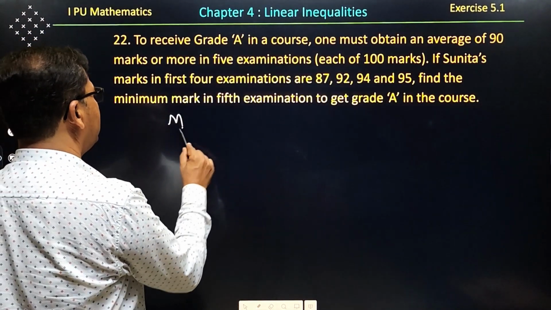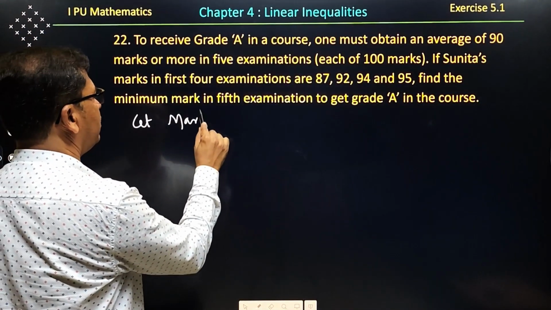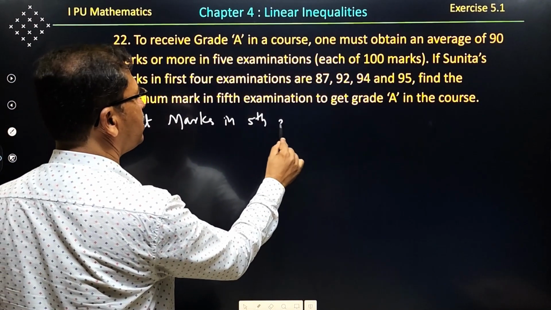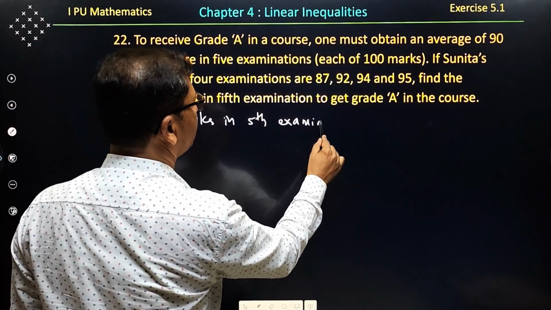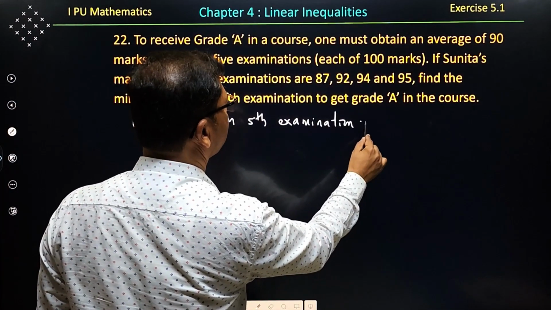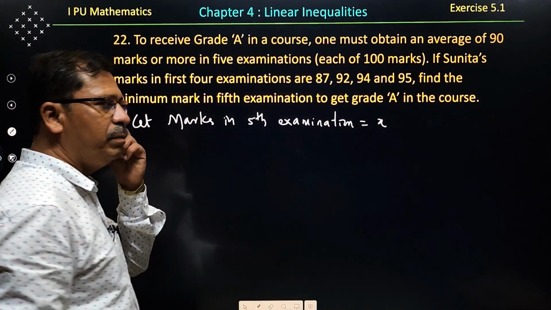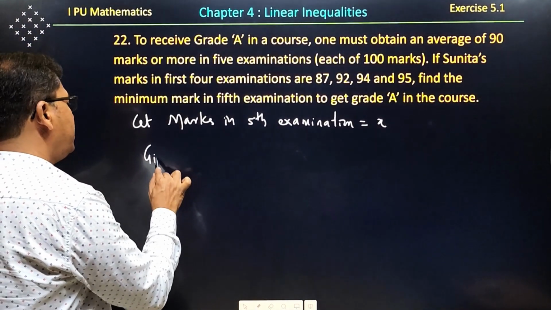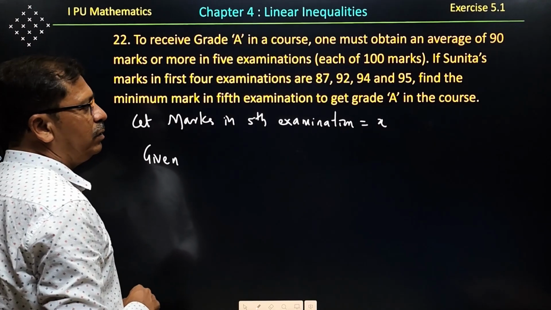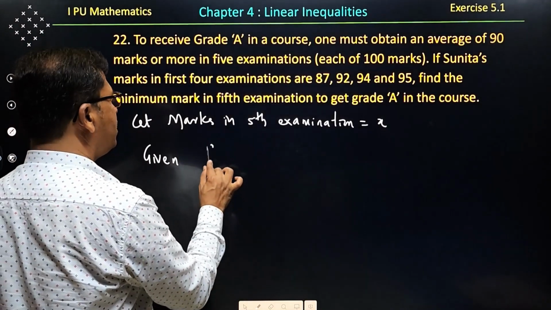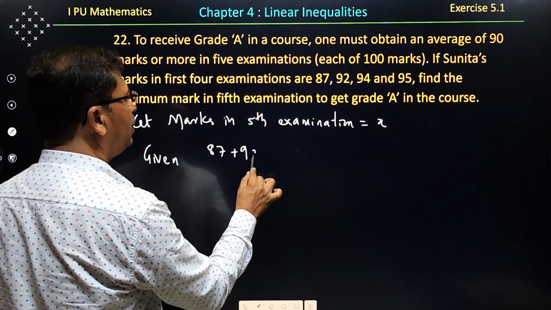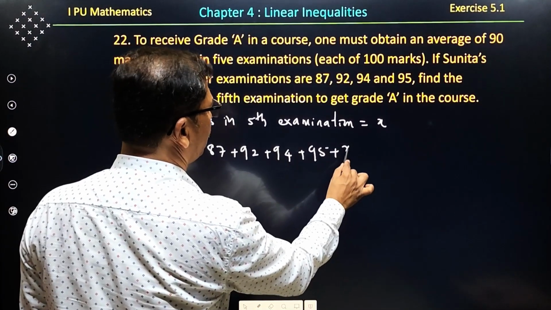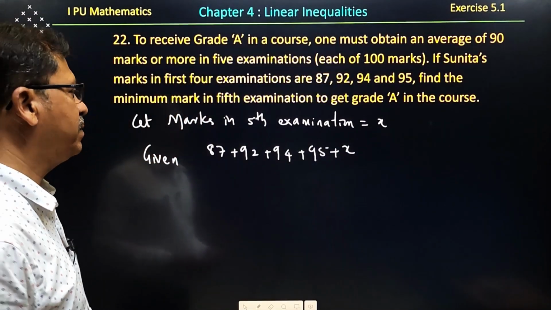See, let the marks in the 5th examination be x. So what is given: let us take the average of 5 tests. First test 87, second test 92, third test 94, fourth 95, fifth one is not known. That you take as x.